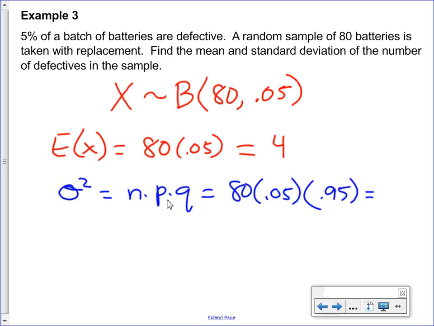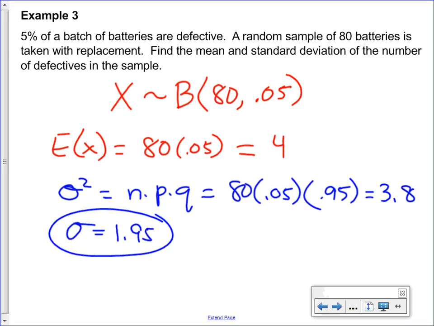What is it? 3 point something? 3.8. Something, something, something. So take the square root of that. I guess I should have just done the square root of n times p times q. But anyway, what did you guys get? That would be the standard deviation, and that's the expected value.